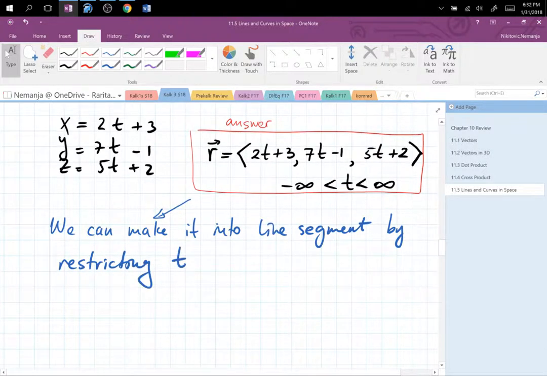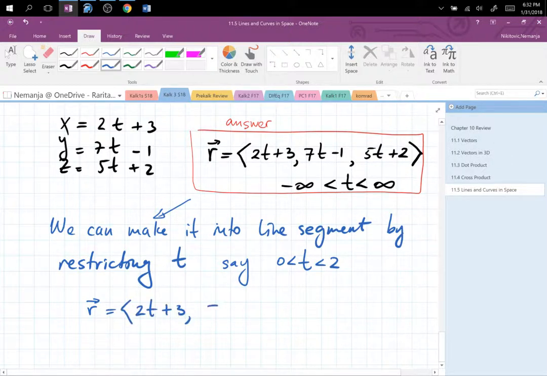So now, let's say t is between 0 and 2. Let's say that's the 0 to 2. If that's the case, looking at the problem up there, you would have to rewrite it: 7t minus 1 and 5t plus 2.